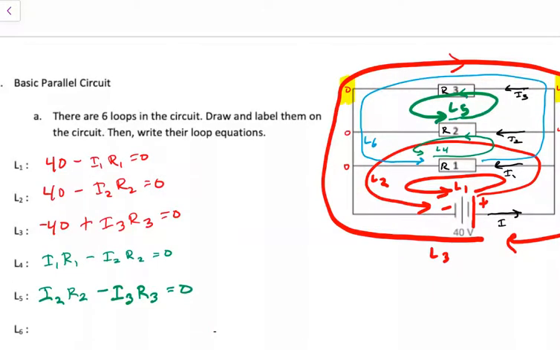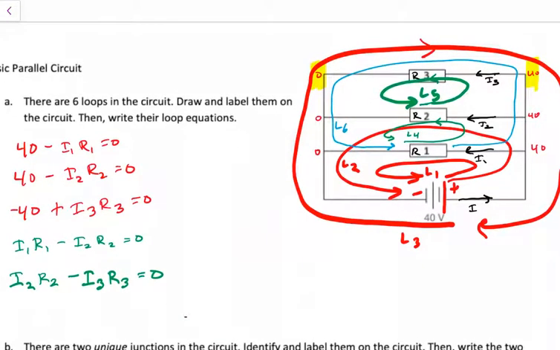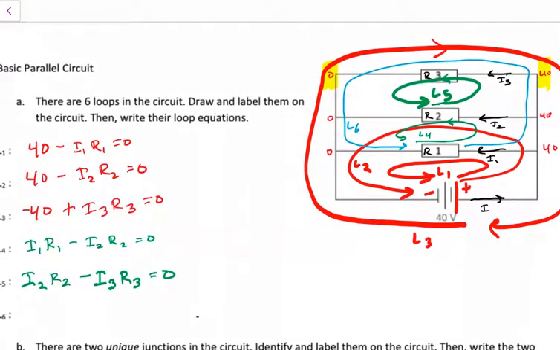And then loop 6 is really just loop 4, but R2 is now R3, meaning I'm passing across R1 first, right? So my first passing over is going against the current in I1. So this is going to be I1 R1. And then I am passing R3 in the same direction as the current. So this is I3 R3.